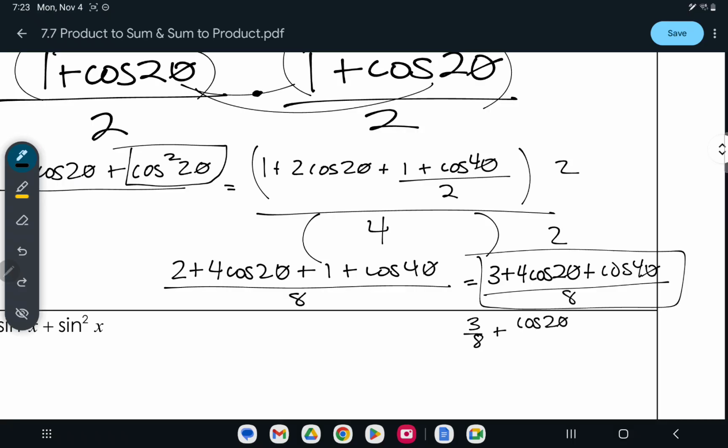So 2 cosine 2 theta over 2 plus 1/8, which I don't need the 1, cosine of 4 theta. But doesn't matter. Both those mean the same thing. Okay.